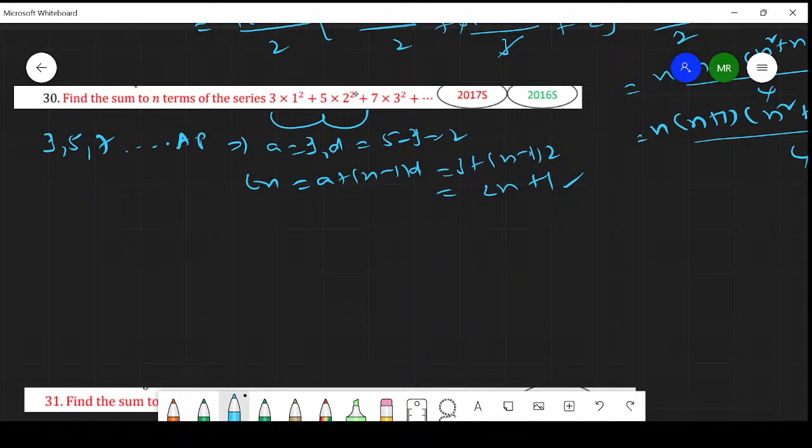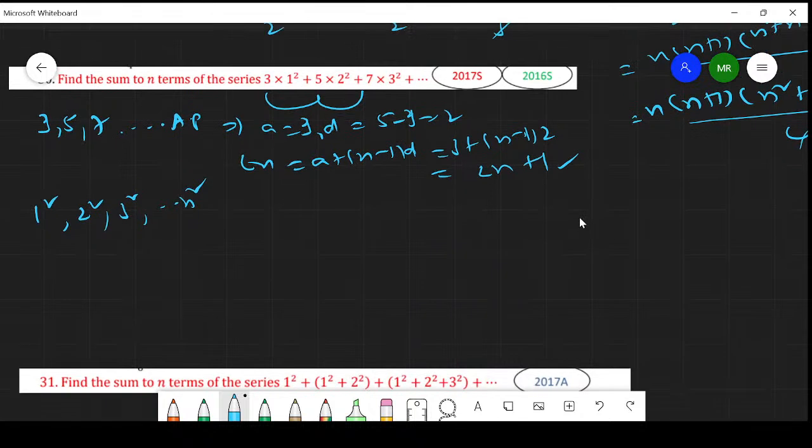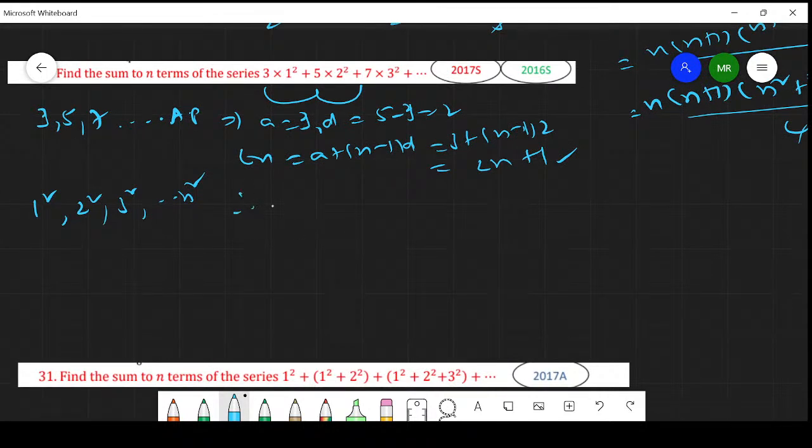Similarly, you can see 1 square, 2 square, 3 square and so on, nth term will be n square. Finally, therefore nth term of the given series will be 2n plus 1 into n square.